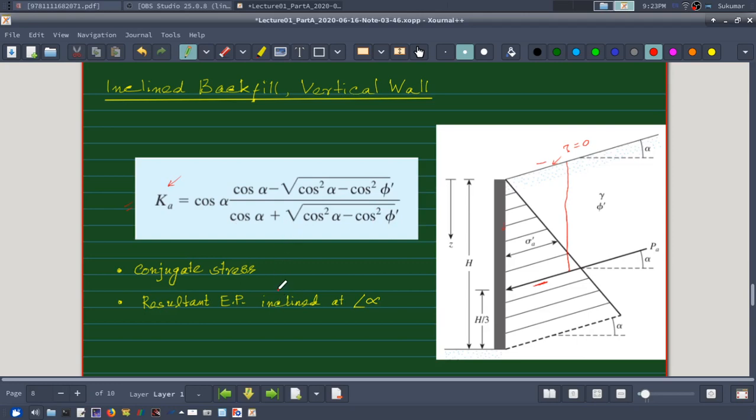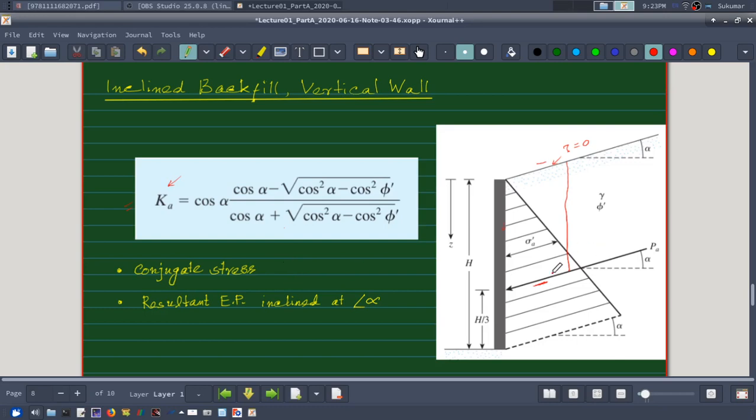For Kp, in the passive case where the soil is cohesionless, the numerator will go up and the denominator will come down. If I need to use cohesive soil, then the expression becomes more complicated. I am not covering that, but it can be obtained.